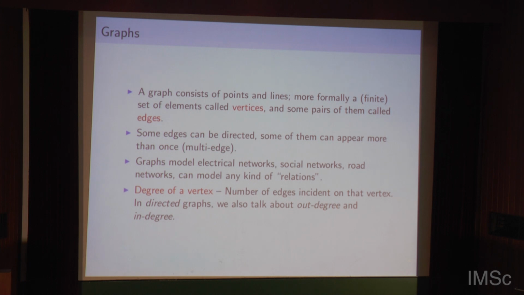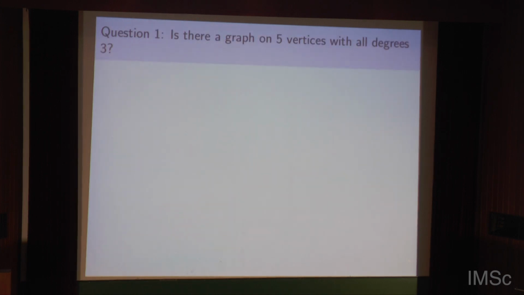So good. Now let's go back to the question which we asked: can you design a fixture so that in a team of 5 players, everybody has played exactly one match? How do you translate that into a graph theoretic question? I've written it there. Is there a graph on 5 vertices? How do you model teams and plays as a graph?